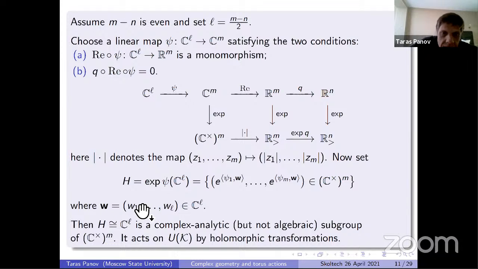As a result, you get a closed subgroup in the algebraic torus, but it's only a holomorphic subgroup. It's not an algebraic subgroup. You embed C^L holomorphically into (C star)^n. And because it's a holomorphic subgroup in this algebraic torus, it acts on this complement of coordinate planes by holomorphic transformations.